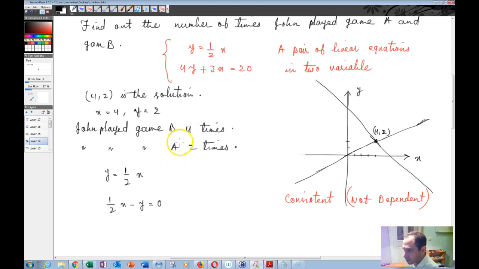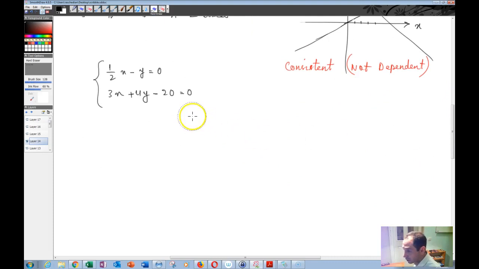That's one of the equations that we have. And then also we have 3x plus 4y, and take this 20 to the other side, minus 20 is equal to 0. Okay, because I do need to write these in general form so that I can take the coefficients out.